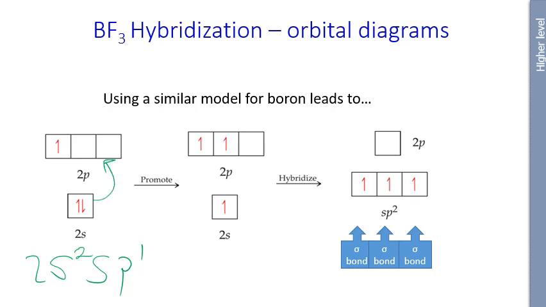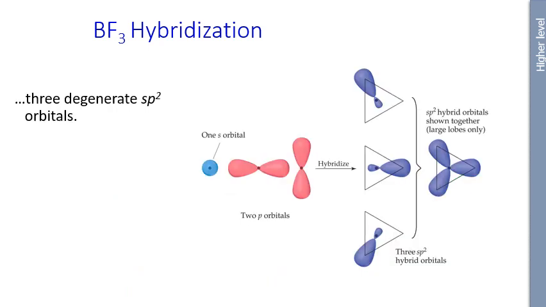Okay, this guy gets promoted up to the 2p orbitals, so you end up with a 2s1 2p2, which can be hybridized to an sp2 orbital, which would promote a certain particular shape. Okay, you've got three bonds. Actually, you end up forming three degenerate sp2 orbitals as such, which gives you this trigonal planar shape, which forms sigma bonds.